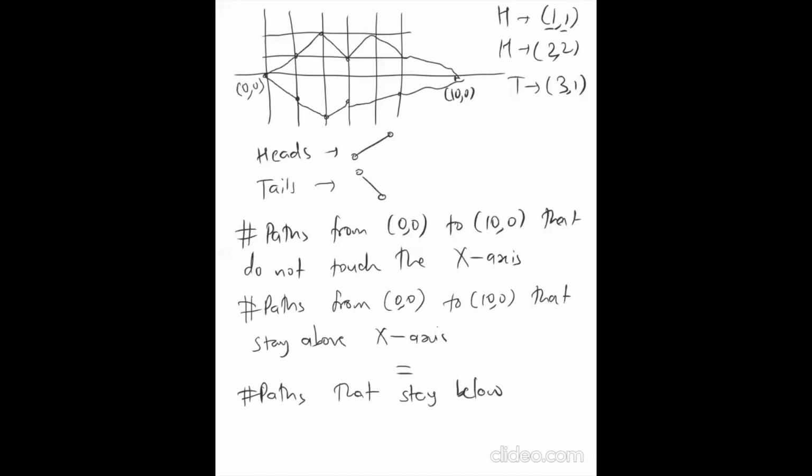So we could just as well calculate one of these, and then multiply by 2, and that will give us our final answer. So I say we calculate this. How do we calculate this? We're going to start at 0, 0 and end at 10, 0, and we want to stay above the x-axis the entire time.